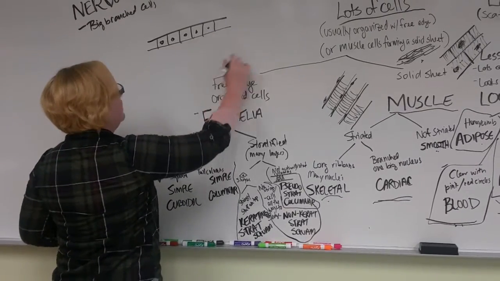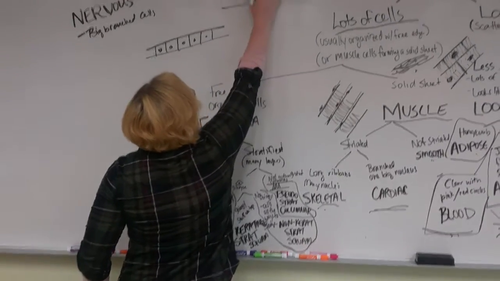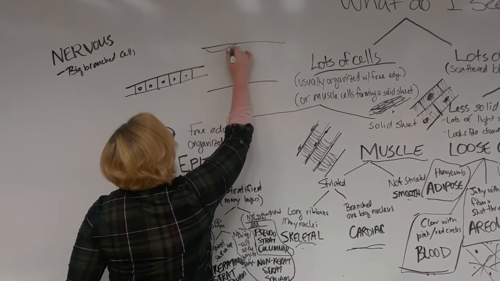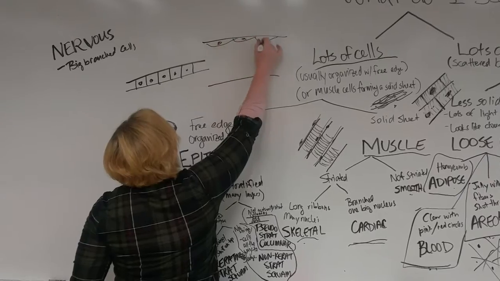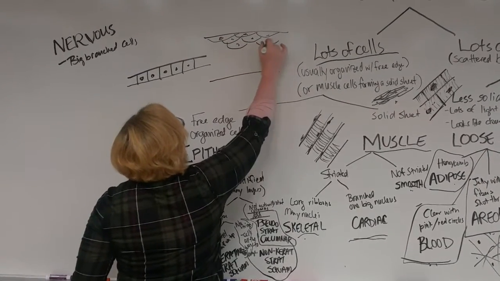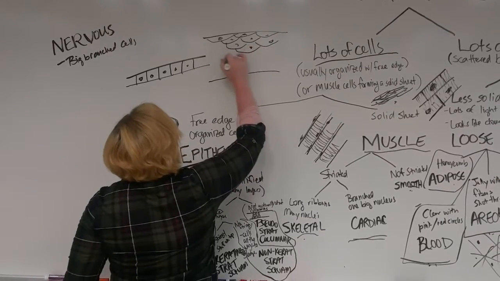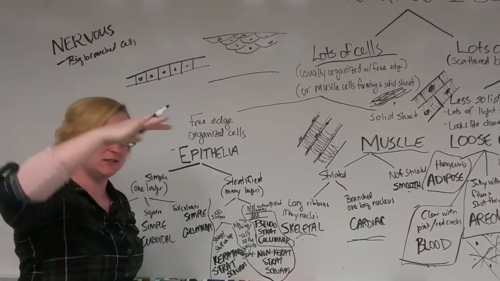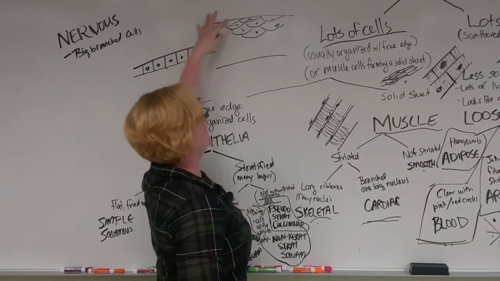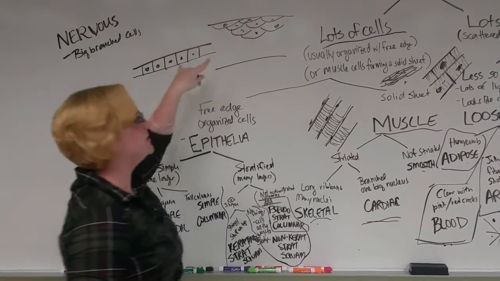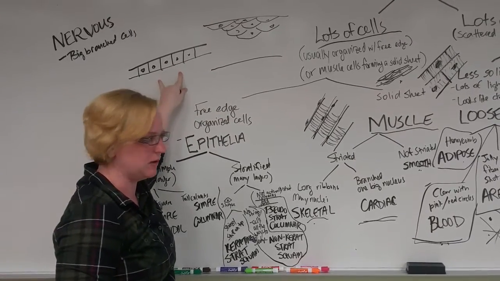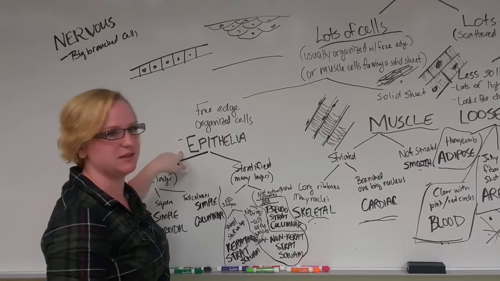So something like that, or you might see something where, again, you have a free edge, and then you have like a stack of cells, okay? And then they go down like this. But you can see that they're nicely organized. And so you can follow those nuclei in nice little rows all the way down, so they usually look nice and organized. But always for this stuff, you'll see some kind of free edge, some kind of organization of these cells, and each of these cells would have a nucleus.